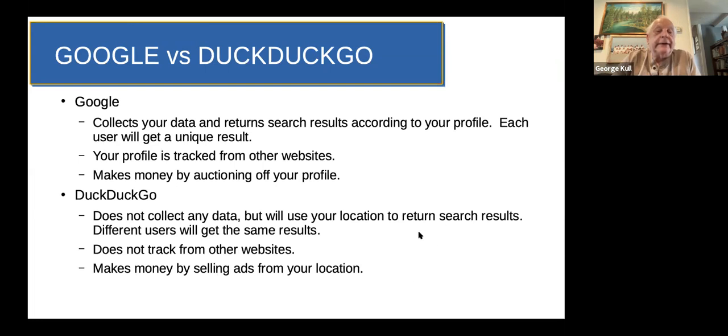DuckDuckGo, on the other hand, does not collect any data, but will use your location to return search results. So, for example, if you search for a car, it will give you 3 car dealerships near you, and then all the other information on cars. It does not track you.